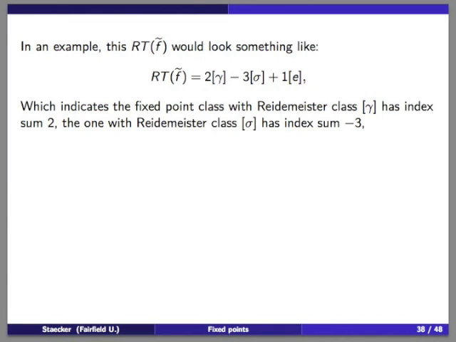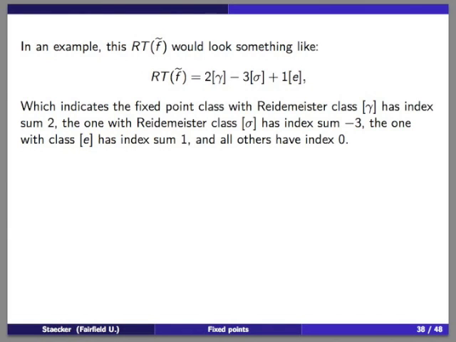There's a fixed point class with Reidemeister class sigma, and that one has index -3. And then there's a fixed point class with class E, which has index 1. That's how you read the Reidemeister trace up there. It tells you what the fixed point classes are, and what each of their indices are. And all of the other Reidemeister classes have index 0.